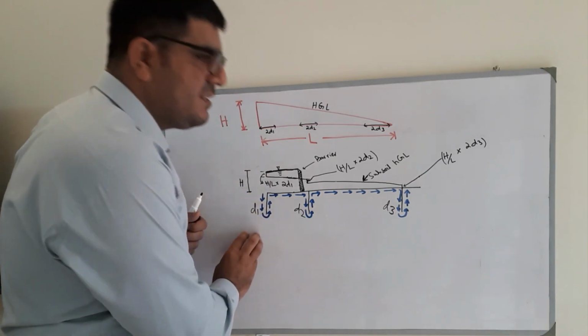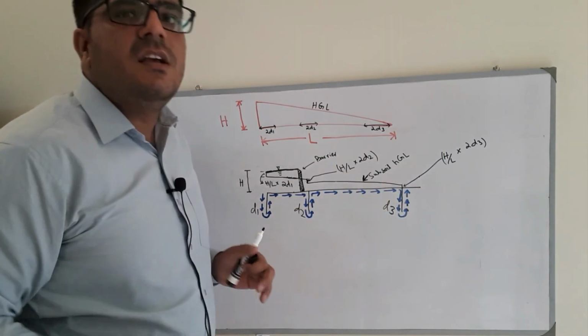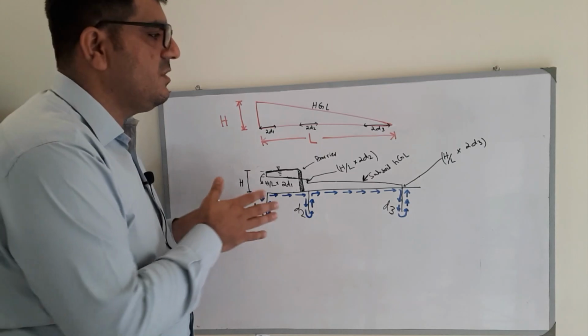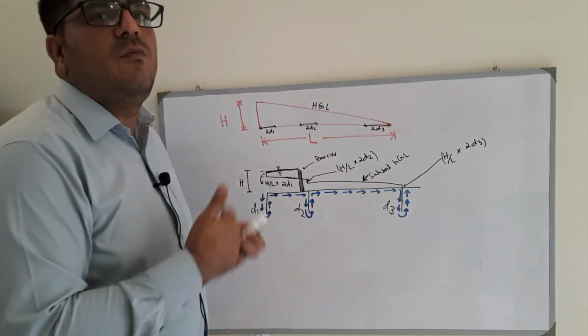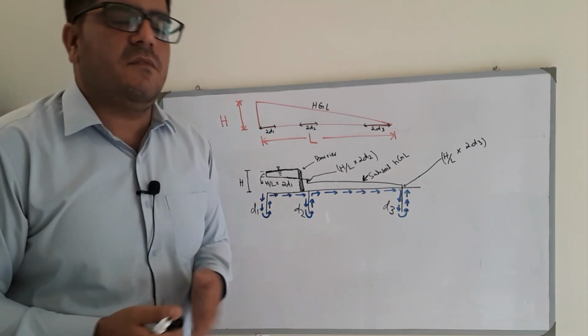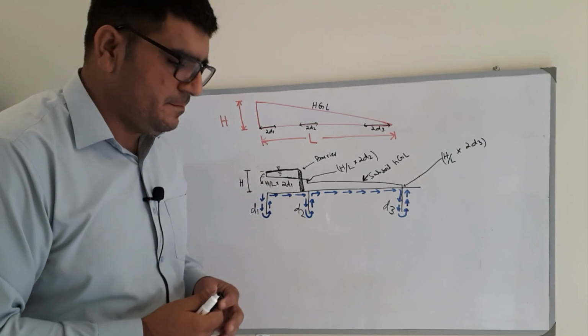So that's the reason that we provide the sheet piles at different locations, so that we can increase the creep length and reduce the cost. And now we will move towards the safety criteria, which are for piping and for uplift according to Bligh's creep theory.